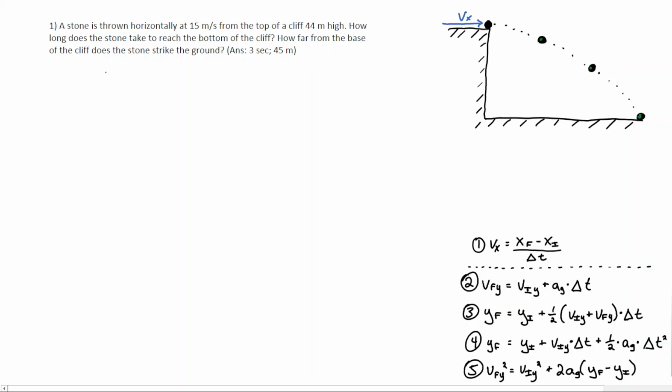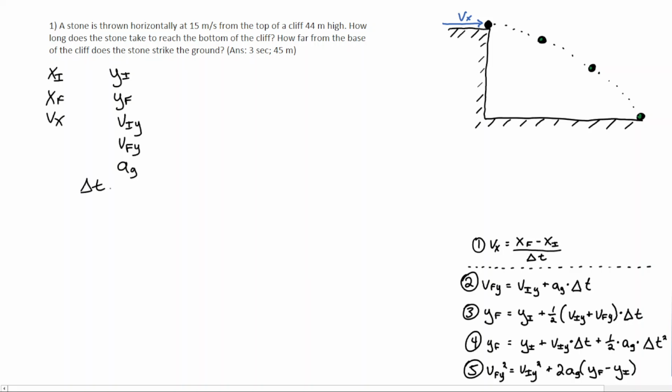So just don't expect to be able to do these problems quickly and smoothly in the space that I provided you. Anyway, getting into this, the first thing that we're going to do is get used to the structure of how we're going to be pulling out this given information. Like I said before, the quantities that we're going to be pulling out are the initial position in the x direction, the final position in the x direction, the initial velocity in the x direction, the final velocity in the x direction, and then the same in the y direction: initial and final position, initial and final velocity, our acceleration due to gravity, and our delta t.